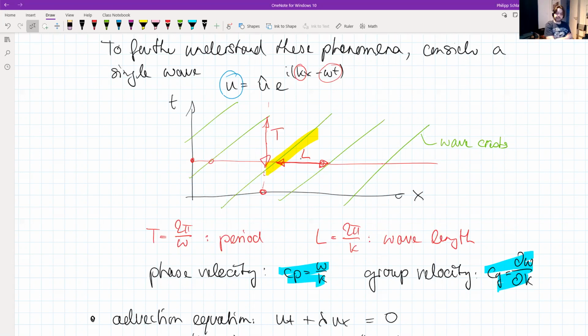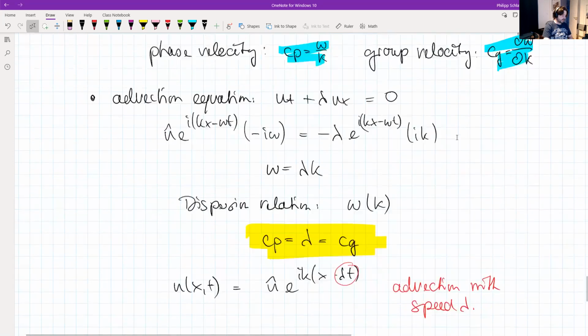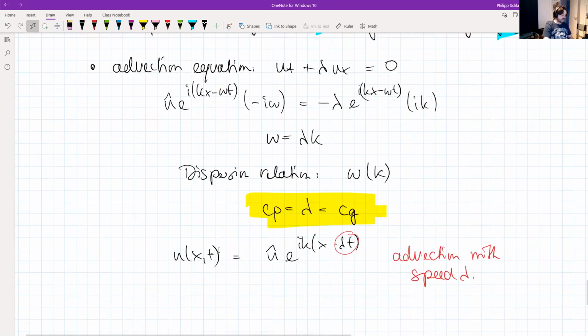And what I see here in my exact solution, when I put this into the advection equation, is that this amplitude is just remaining there. So this is a truly hyperbolic problem in the sense that I have a wave-like translation, but no change of amplitude.